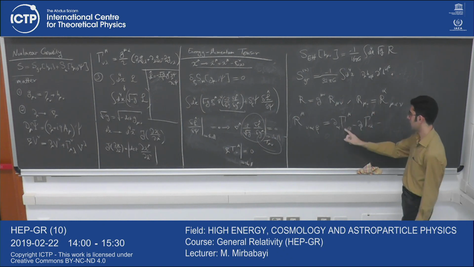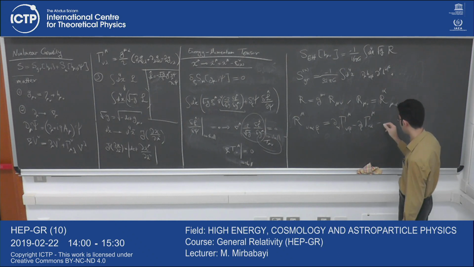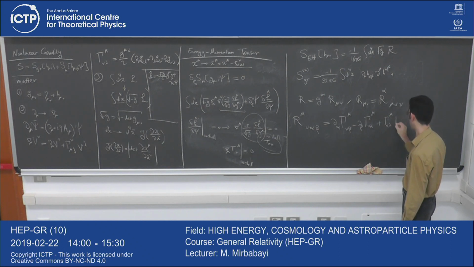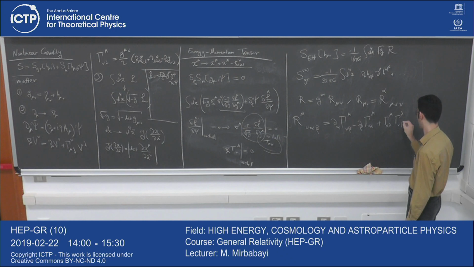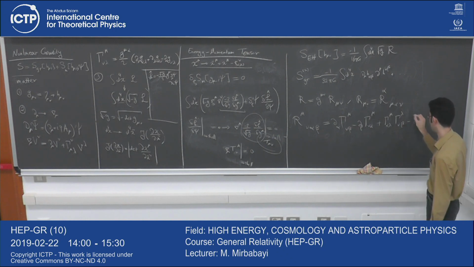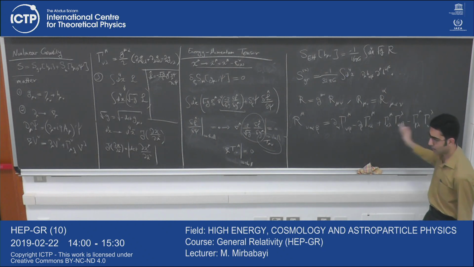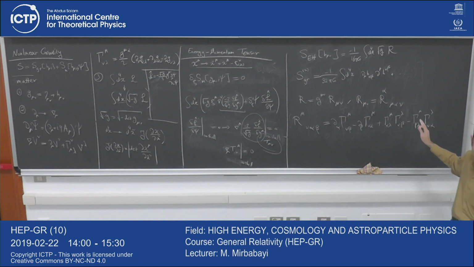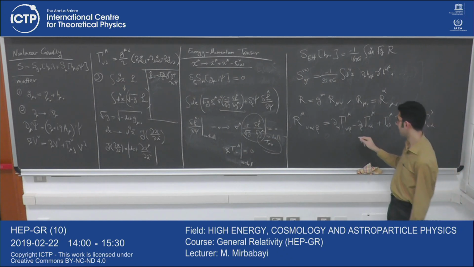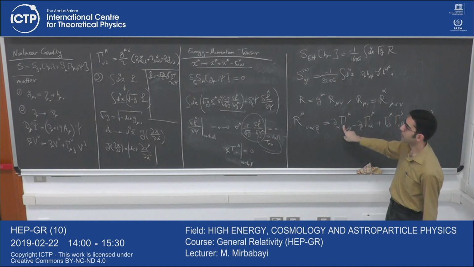There are linear terms in gamma, and then there will be nonlinear terms: gamma mu alpha lambda, gamma lambda nu beta, minus gamma mu beta lambda, gamma lambda nu alpha. The exact expression doesn't really matter at this point, except for the following.